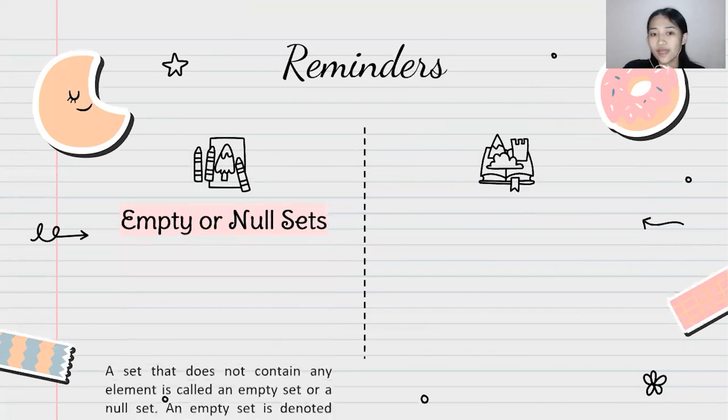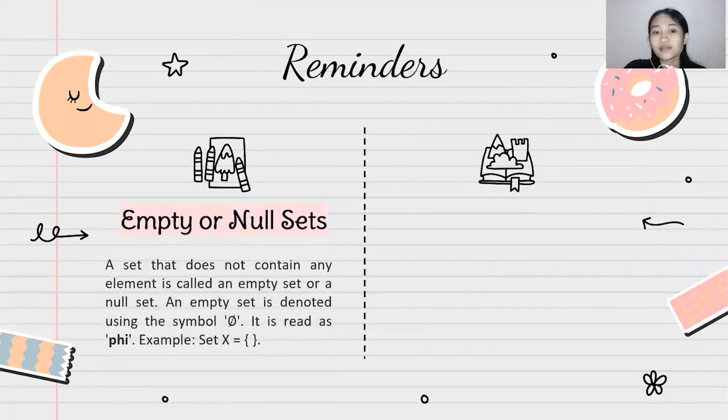Empty or null set. A set that does not contain any element is called an empty set or a null set. An empty set is denoted using the symbol like this. It is read as phi. Example, set X is the null set like this.